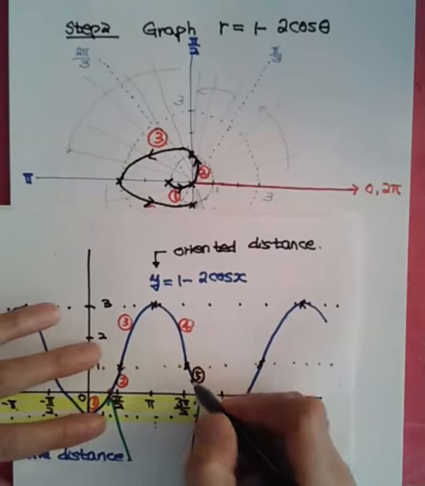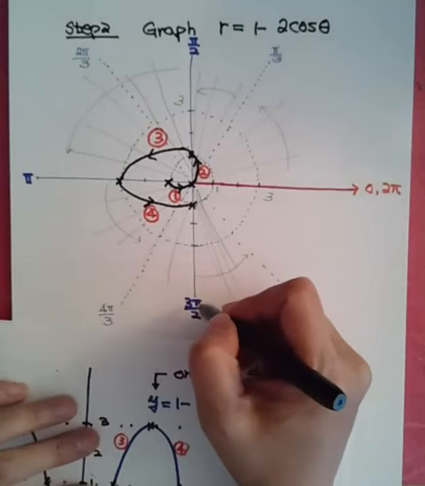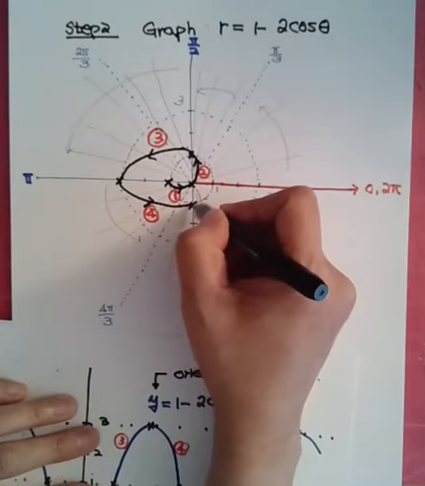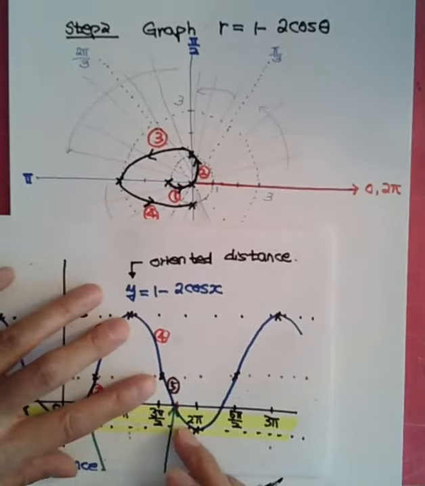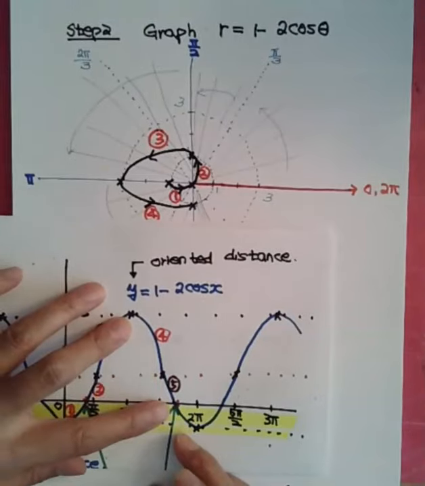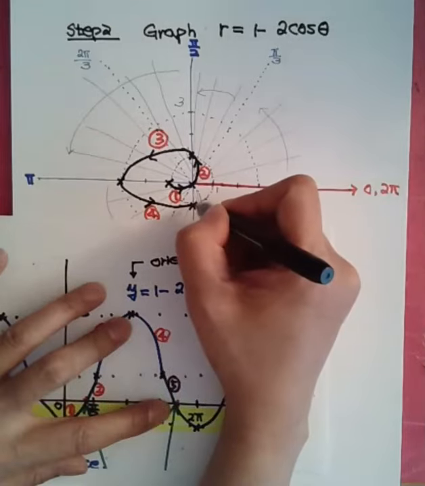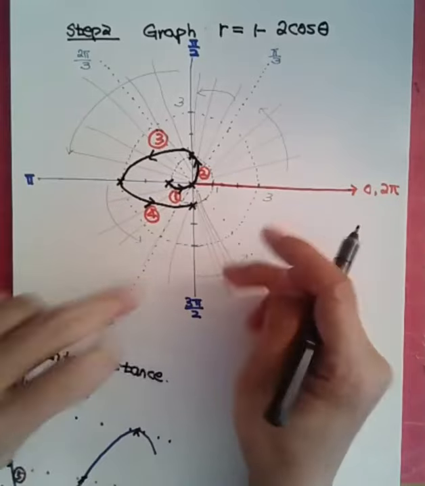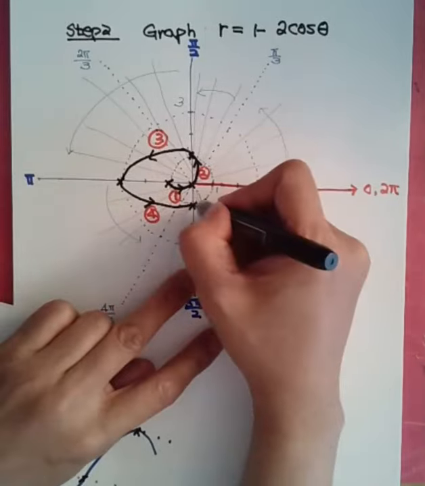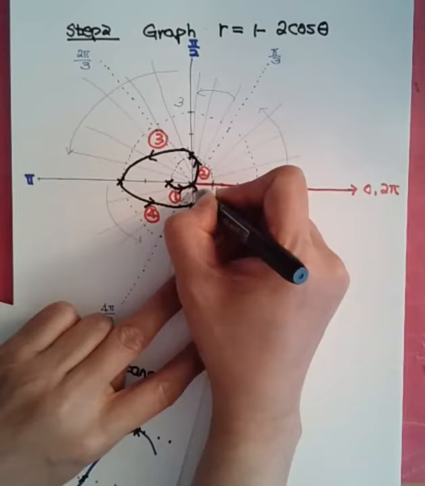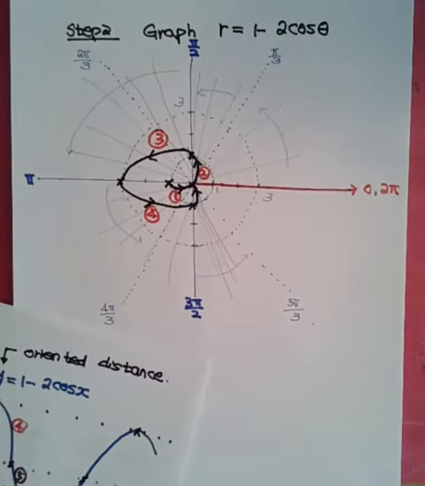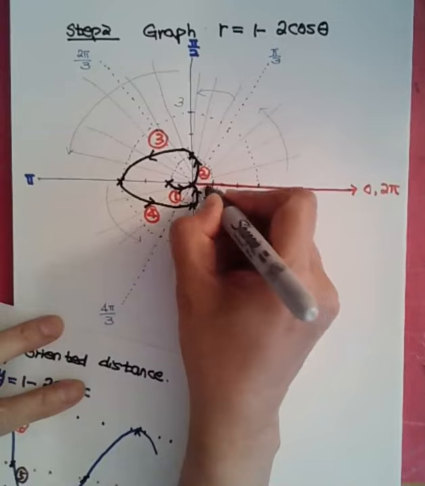The initial distance is 1 at the angle 3 pi over 2. So we start from here, and the distance between the origin and the point will gradually decrease and eventually become 0. So we go this way because our angle varies this way. We go this way until it reaches 0. So that is region 5.